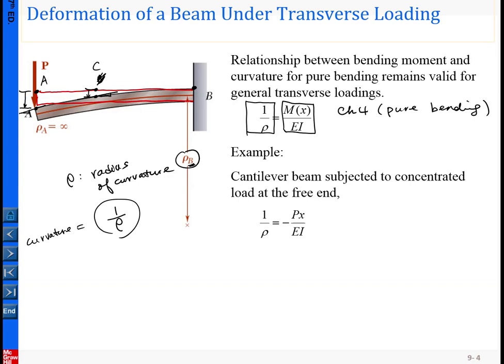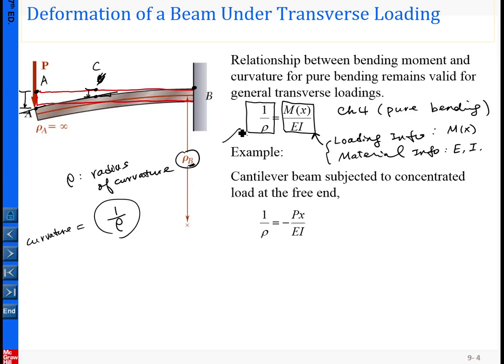We start from here. The right-hand side is about the loading information and also the material information. Loading information is expressed through the term M(x). The material information is expressed by E and I, where I is the moment of inertia of the beam and E is Young's modulus.